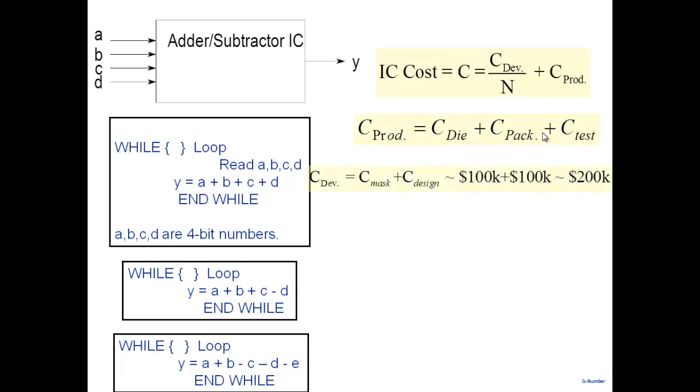The one-time cost is the cost of designing an IC, and we will just quickly see when you want to fabricate an IC, you need a set of masks to fabricate the IC. So for your IC, a set of custom designed masks are needed.